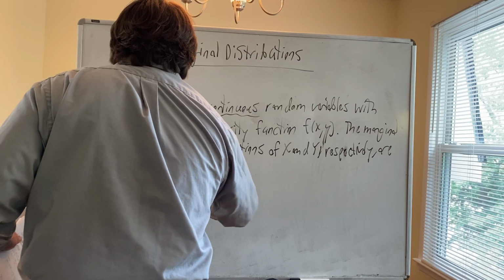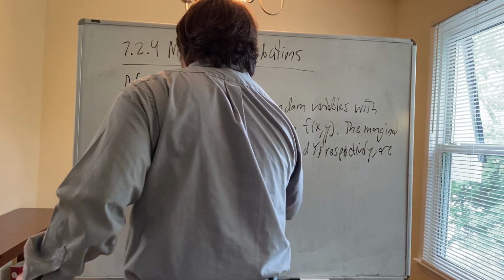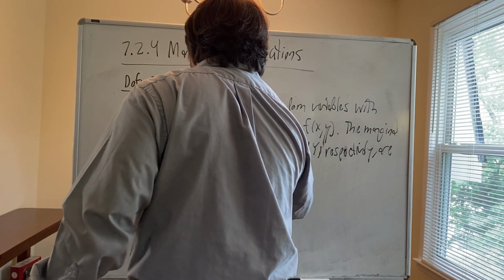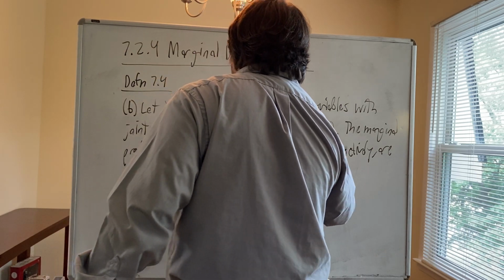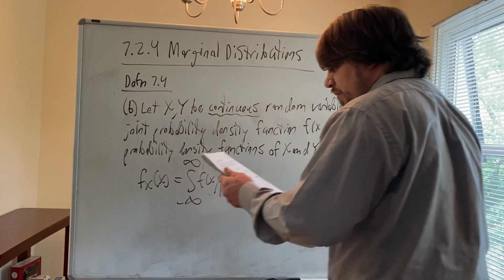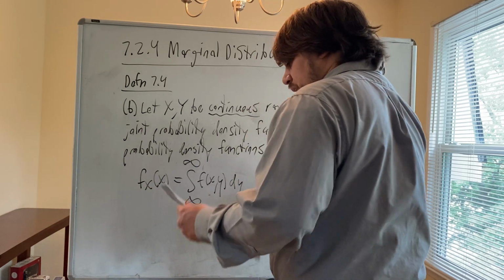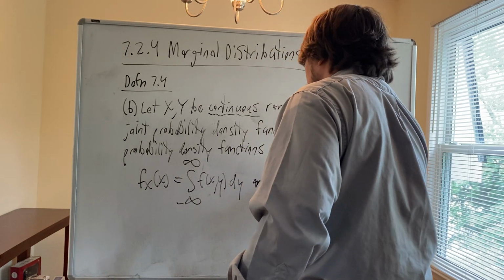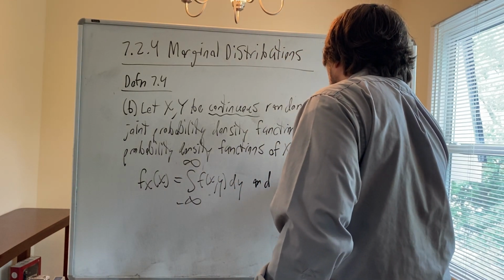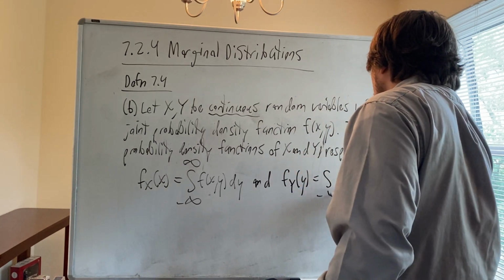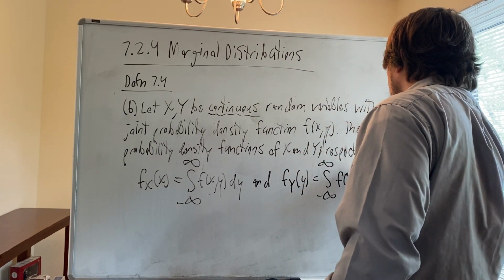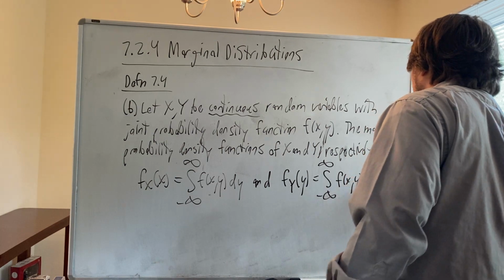f sub capital X of little x is equal to the integral from negative infinity to infinity of f of x comma y dy. And f sub capital Y of little y is equal to the integral from negative infinity to infinity of f of x comma y dx.